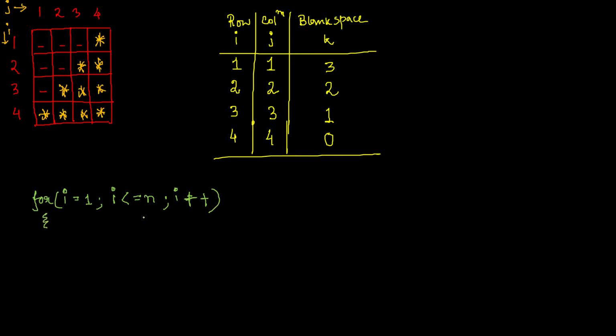Now within this you see the blank space and the column are not related with each other. What is related? K must be some function of I and J must be some function of I, and they are individually related, right? I, J and K are not related with each other.